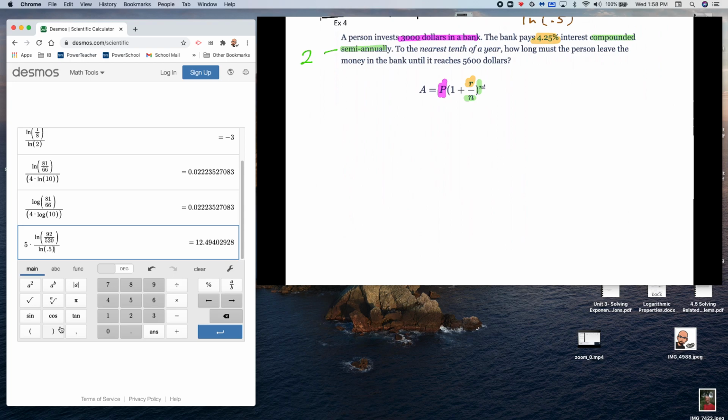So now, how long must a person put money in the bank until it reaches $5,600?